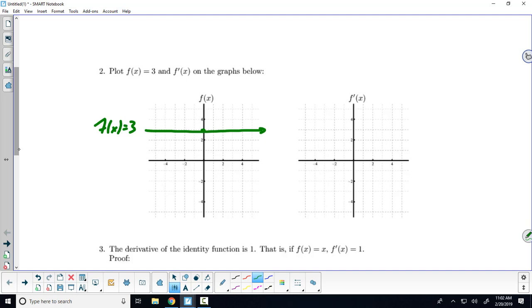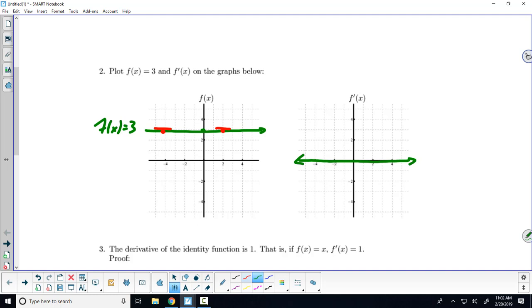It tells you the slope of the tangent line at any point on the curve. If I pick this point on the curve when x is negative 4 and I drew a little tangent line there, what is the slope of that tangent line? 0. If I pick this point at x equals 2 and drew a little tangent line, what is the slope of that tangent line? 0. So without doing any work, we should see that the derivative of f should be 0 everywhere.